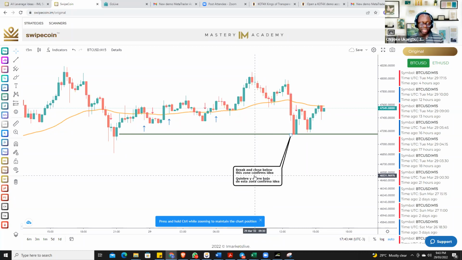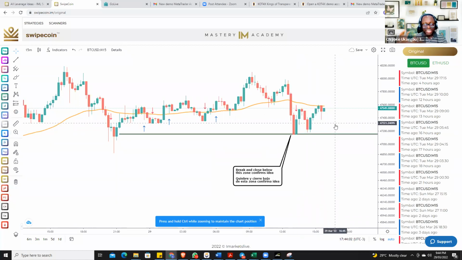Now, what does that mean? What this instruction means is we are waiting for price to travel downwards from where it is. It is up here right now. We're waiting for price to travel downwards towards this green line.